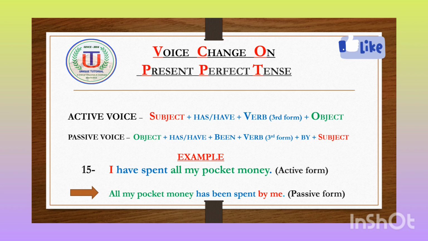So if a sentence is in active voice, its passive voice will be in such a way that the object will come first, then has or have will be placed, then been, then verb third form, then the subject. Okay, the question here is, I have spent all my pocket money. So its passive form will be, all my pocket money has been spent by me.